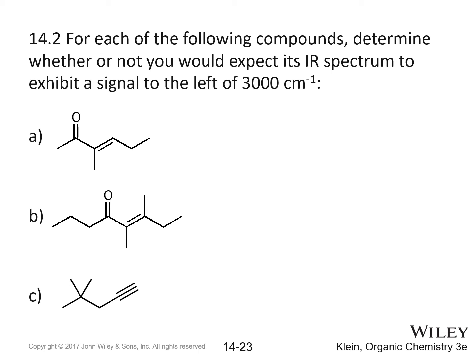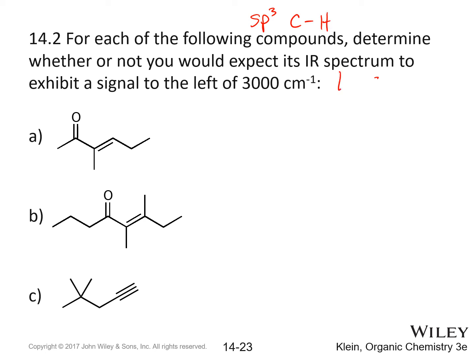For our next example, let's look at whether or not we'd expect to see a signal to the left of 3,000. Remember, everything to the left of 3,000 will be something bonded to hydrogen, carbon bonded to a hydrogen, and particularly an sp2 or sp hybridized carbon. So around 2,900 was the sp3 carbon-hydrogen bond, so let's not worry about that.